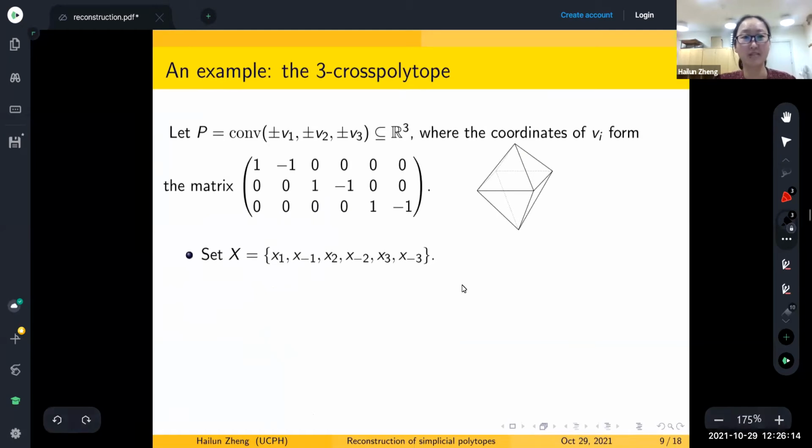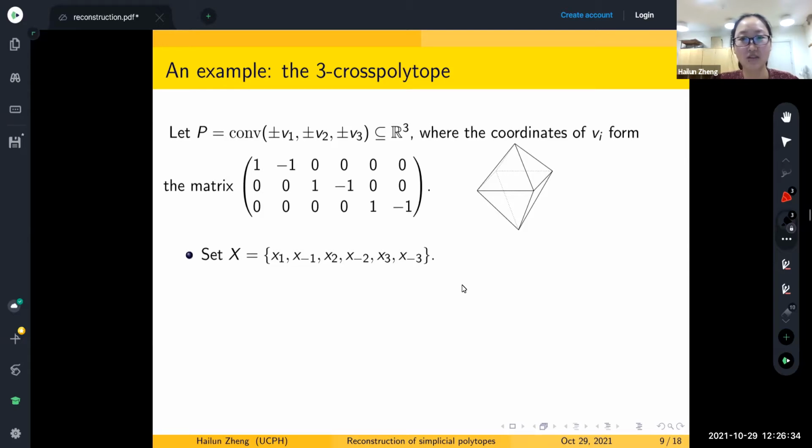The standard example that I'm going to take is the 3-cross polytope, or the octahedron. So this is actually the regular 3-cross polytope. If you begin by writing down the canonical linear forms, just take note that this is a special realization of the cross polytope.